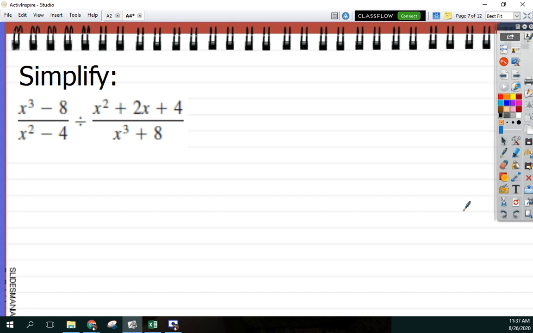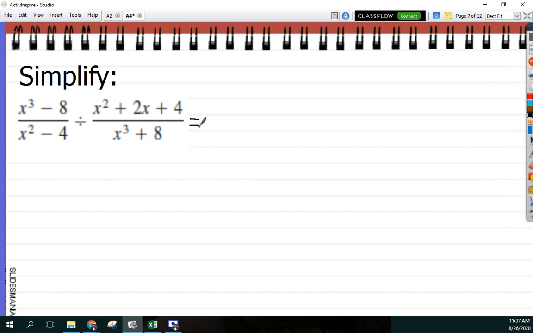So what we want to do is we're going to keep our first fraction, change our division symbol to multiplication, and flip that second fraction. Or in other words, we're going to multiply by the reciprocal of our second fraction.